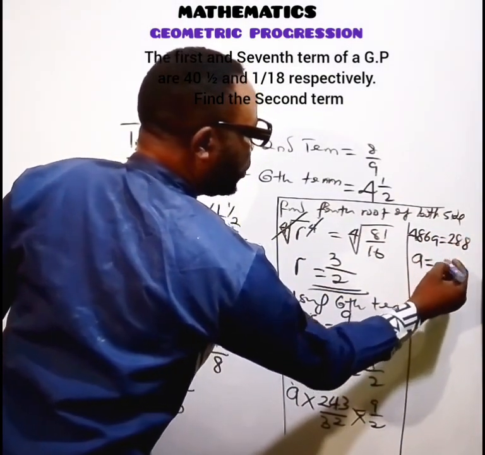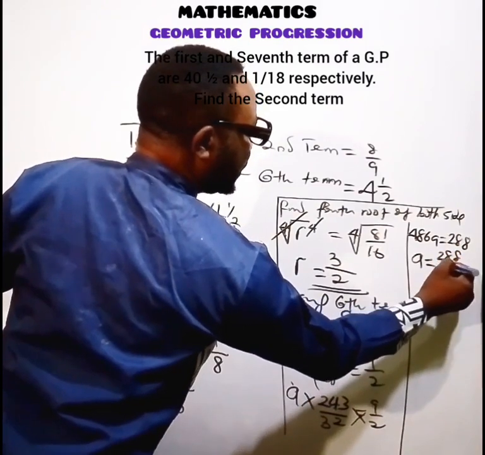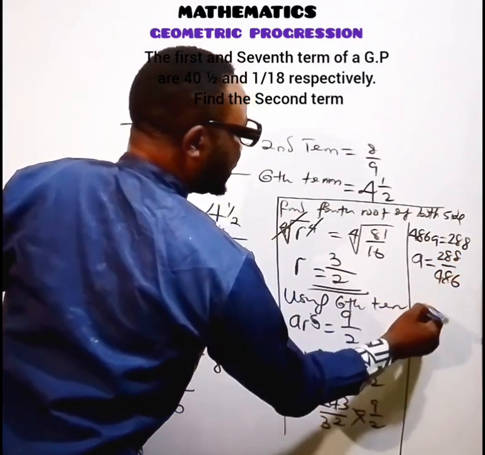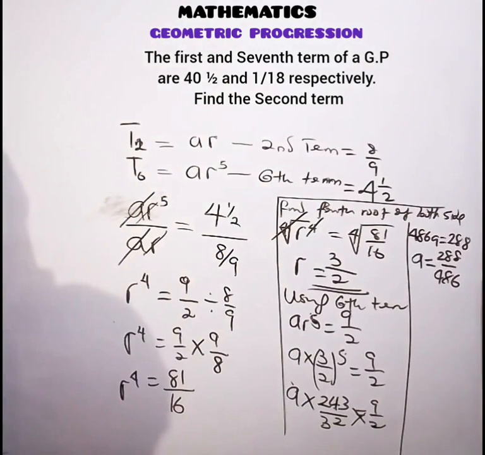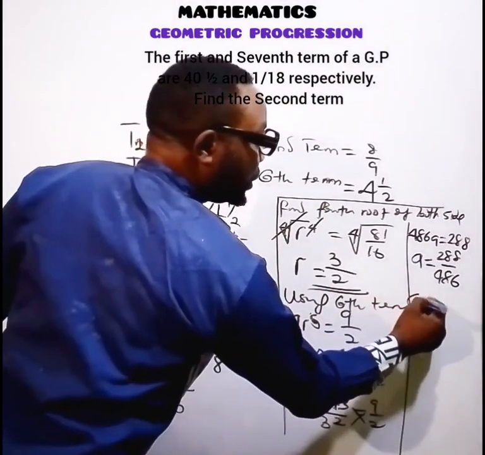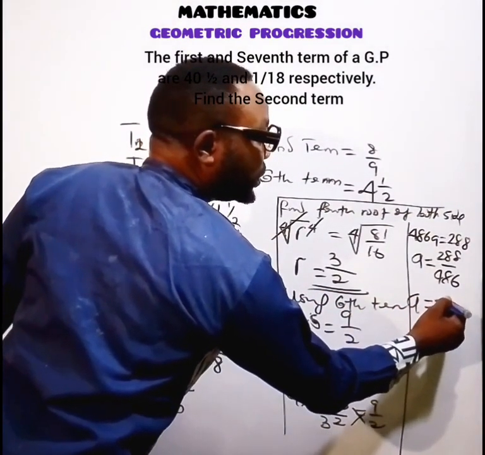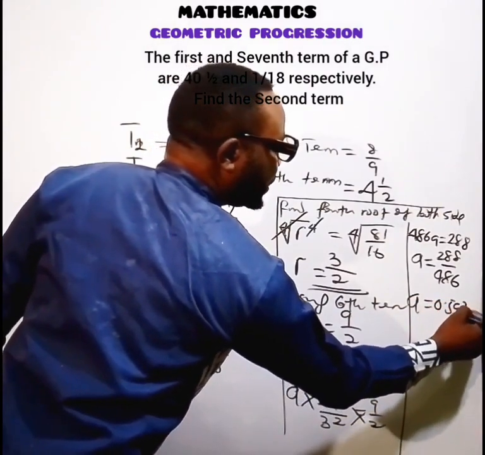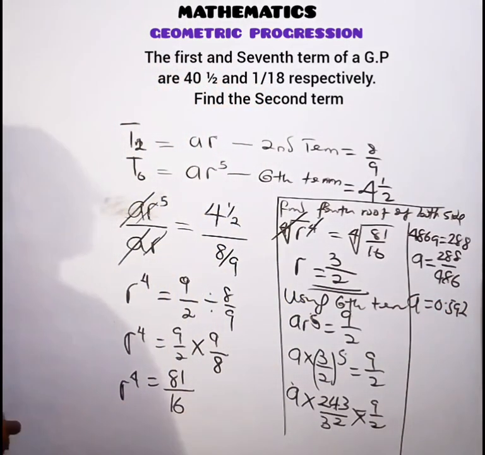Therefore, a will be equal to 288 over 486. 288 divided by 486 gives us 0.592. A is equal to 0.592.